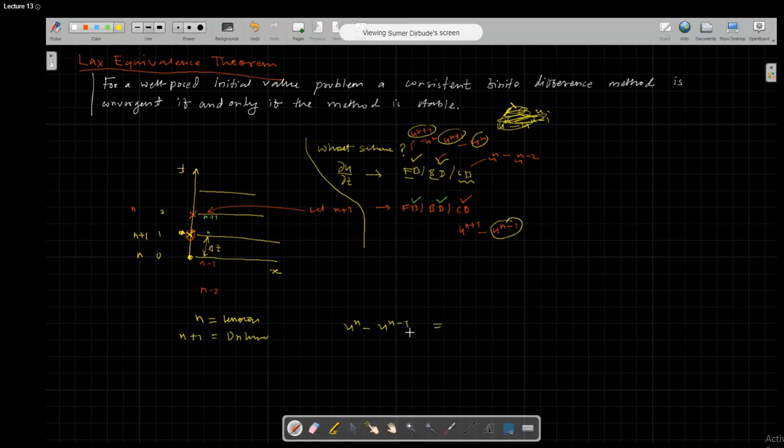So essentially by this definition, here you replace n by n+1. So n+1 minus 1 will become u_{n+1} minus u_n, isn't it? So it is the same thing. This or this, they are the same thing.